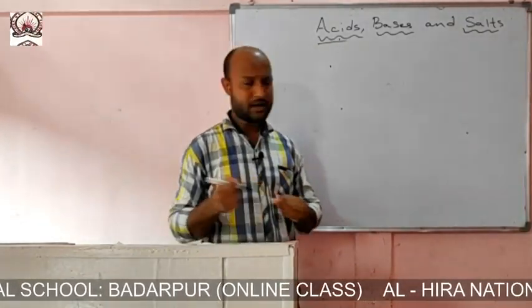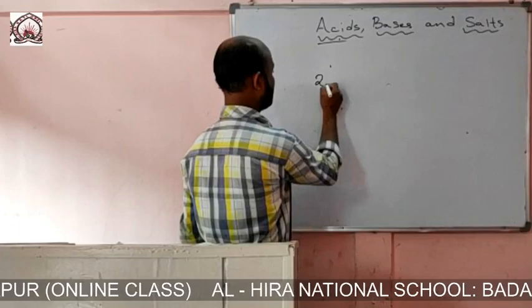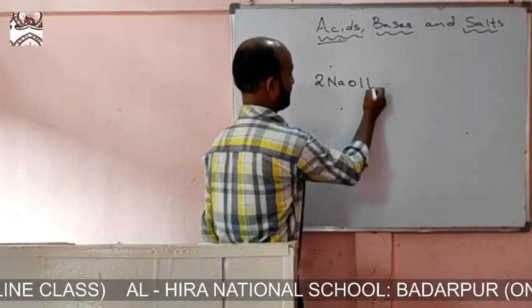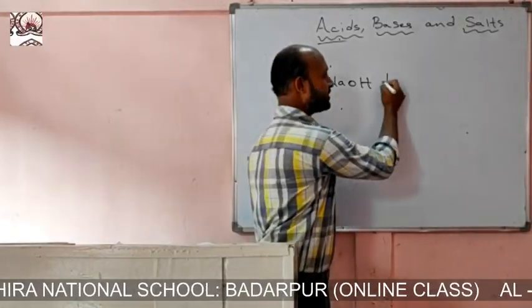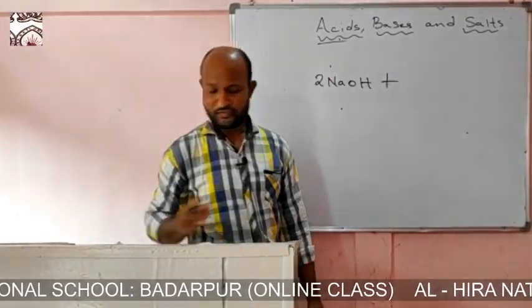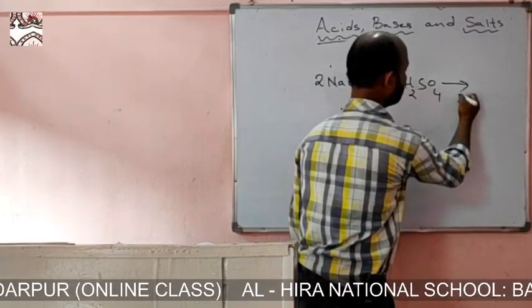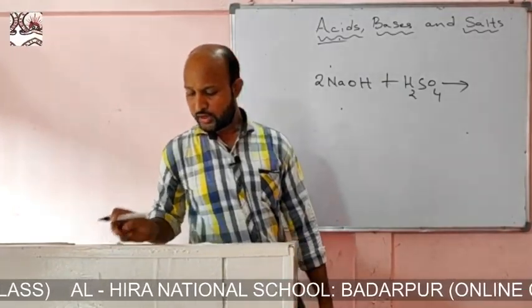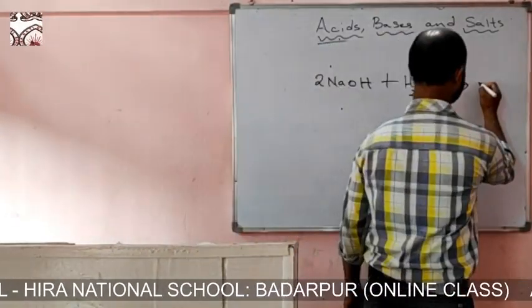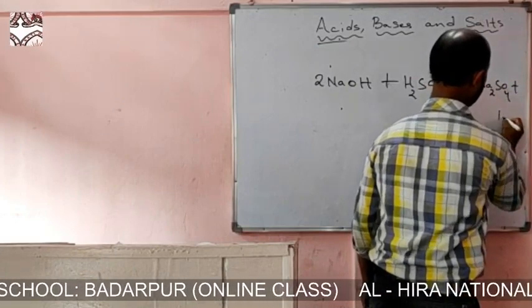Let us give you one example: sodium hydroxide, NaOH. It is used as a base when it reacts with sulfuric acid, H2SO4. What happens is that it forms sodium sulfate and water, that is Na2SO4 and H2O.